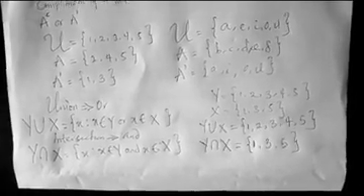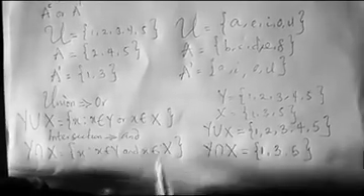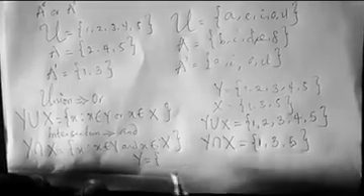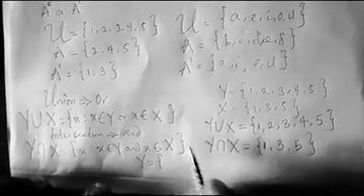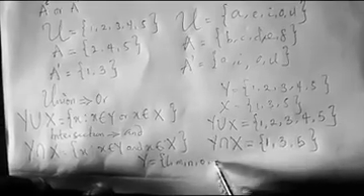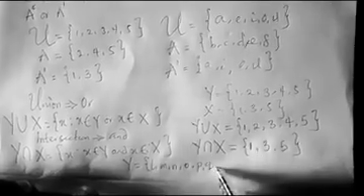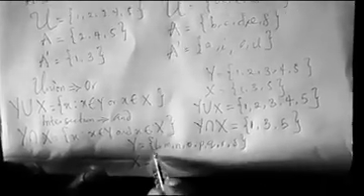Then the next thing I need to talk about is the set difference. Now, this set difference is very, very simple. Let's say I have a question like Y equals L, M, N, O, P, Q, and R. And I have my X to be what?